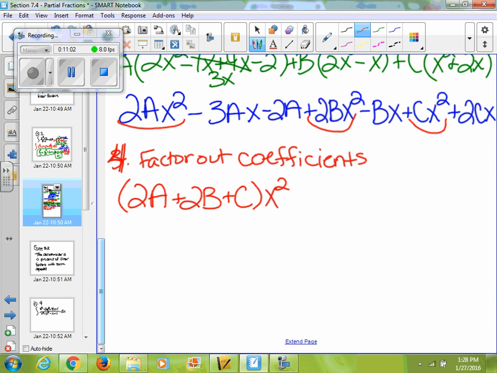If I look for just my x's, I have a minus 3a minus b plus 2c, so plus minus 3a minus b plus 2cx.